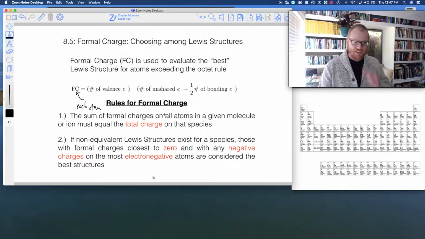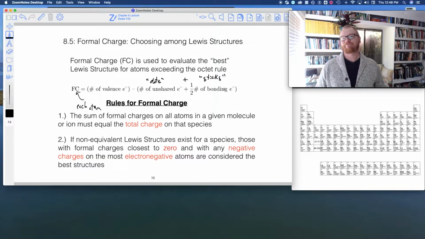I have a really easy way to remember this crazy formula. Number of unshared electrons plus 1/2 the number of bonding electrons: it's dots for this chunk plus sticks for that chunk.